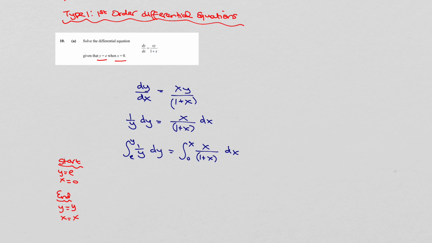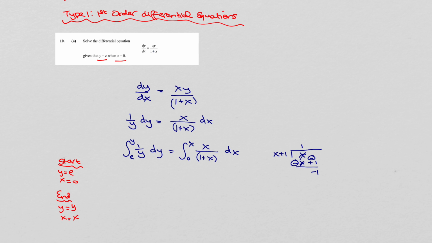Now, as I look at the right-hand side there, I'm not going to be able to integrate x over 1 plus x because we don't have any quotient rule. So what we're going to do is a bit of long division there. So we're going to divide x plus 1 into x so that we can separate that out into two separate parts. So in other words, x goes into x once. And if I multiply that back out, we get x plus 1, subtract.